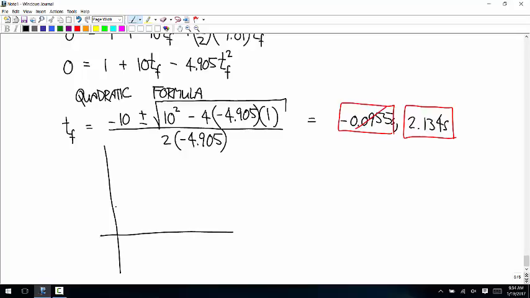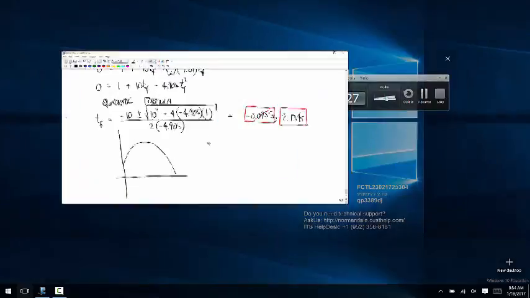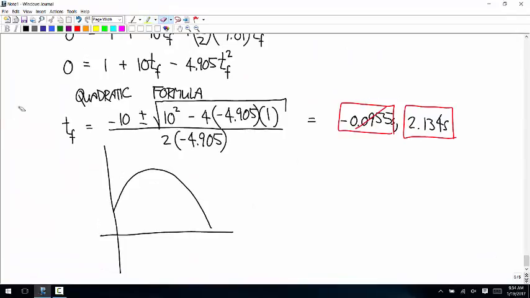If we plotted a position versus time graph of this motion, it would look like that. This would be at 2.134.